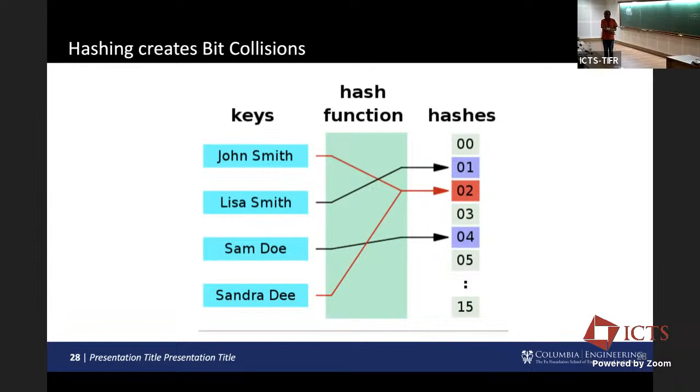Suppose you have 4 names. The hash function takes those 4 names and maps them into some smaller dimensionality vector. Okay, so you start out with 2048 bits. You might end up with a 400 bit, for example. That necessarily means more than one thing gets mapped into one bit. So that's called bit collision. So here, John Smith and Sandra D both point to bit 02. So if in my computer I enter John Smith, it'll go into 2 when you run the hash algorithm.